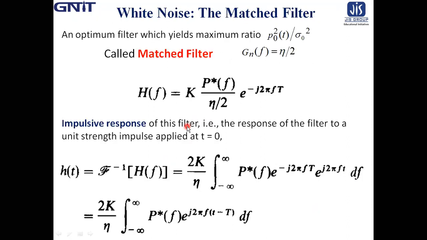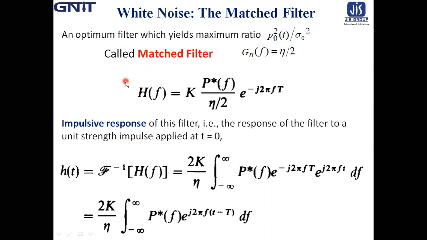So now let us start the white noise matched filter. Which filter is called a matched filter? An optimum filter which yields a maximum ratio p0 square(T) by sigma 0 square is called a matched filter.